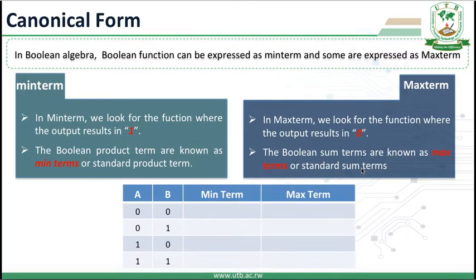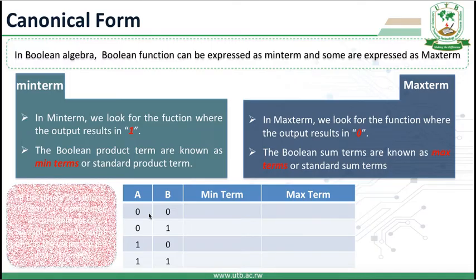Let us understand min term and max term with an example. Consider this following truth table. What is the truth table? A truth table is a combination of inputs and an output. So A and B are inputs in this truth table. Let us write the min term and max term of the given truth table.